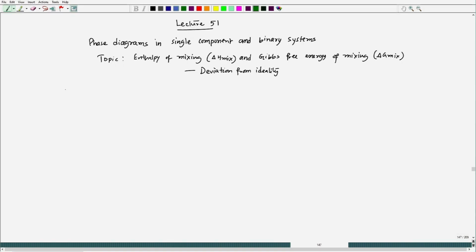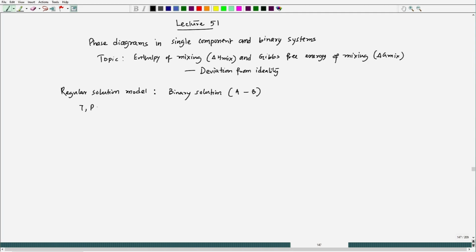Now, let us just check what we have done in the last class. In the last class, we started with a regular solution model for the formation of a binary solution. It is basically an A and B system, and we are doing it at a particular temperature and pressure.